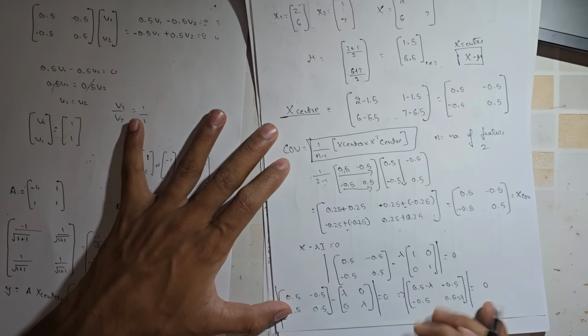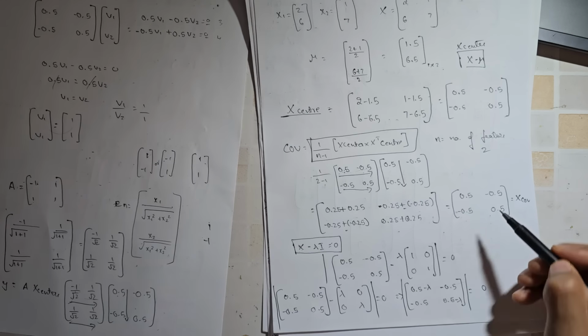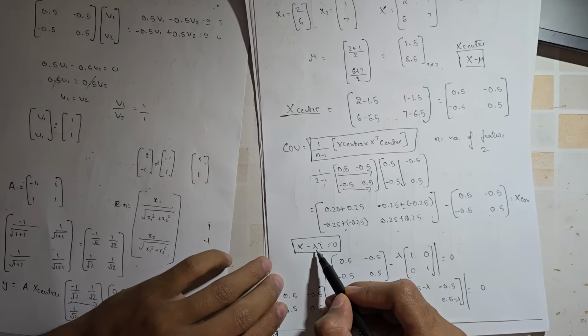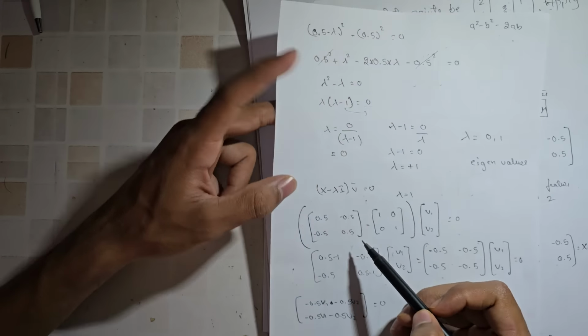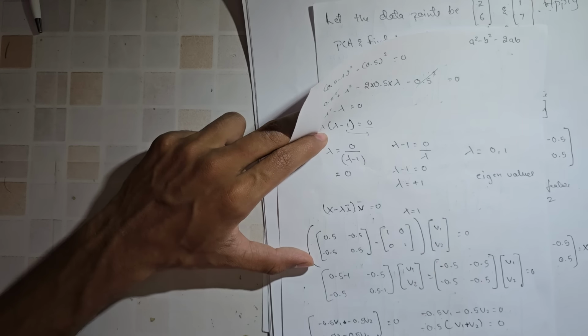Okay, and then you have to get eigenvalues. This formula you have to take, the covariance you got minus lambda into the identity. See this value. Then you will come to here, you got the things.